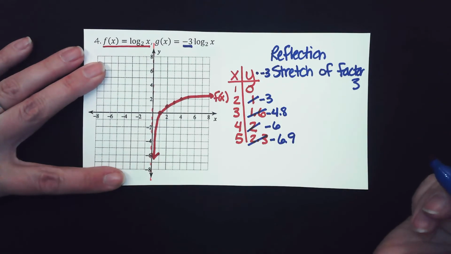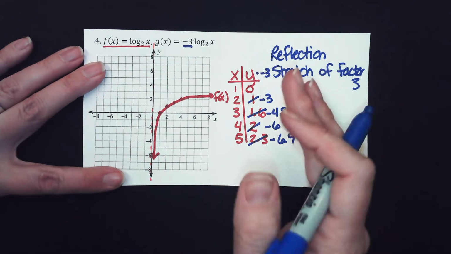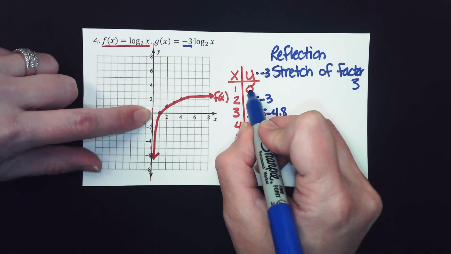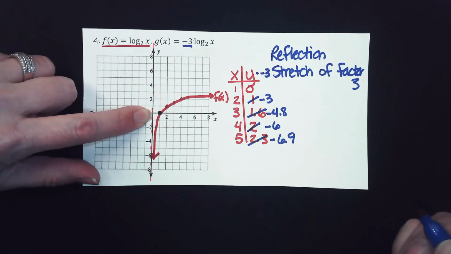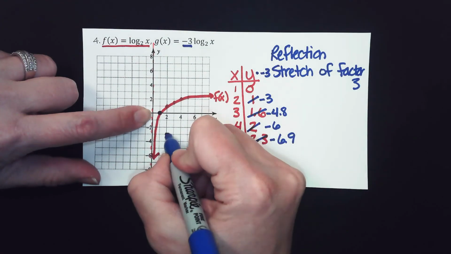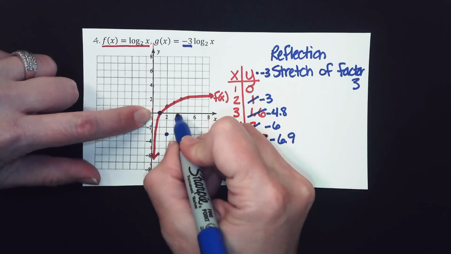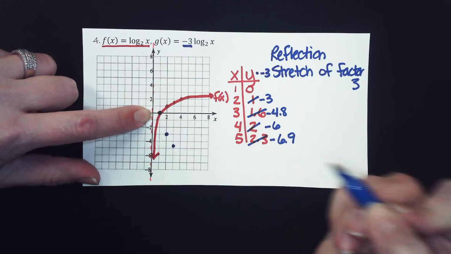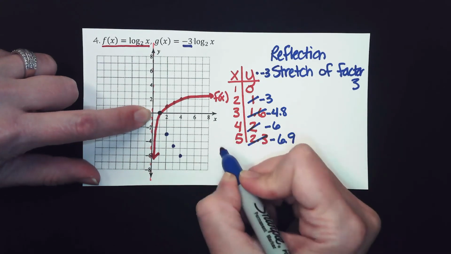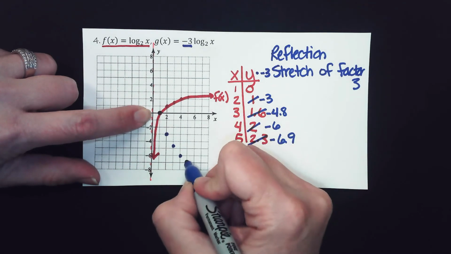Now, there was no shifting left or right, so I'm going to start at 0, 0, and I go 1, 0, still uses that point. I go over 2, down 3, over 3, down 4.8, over 4, down 6, over 5, down 6.9.